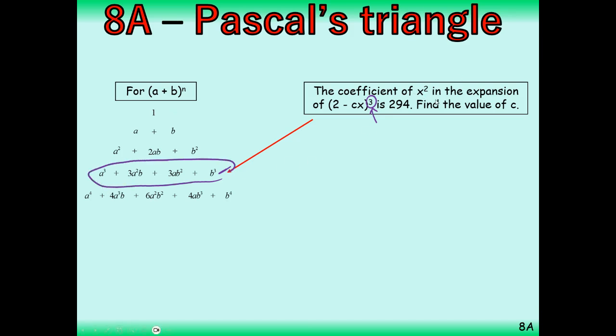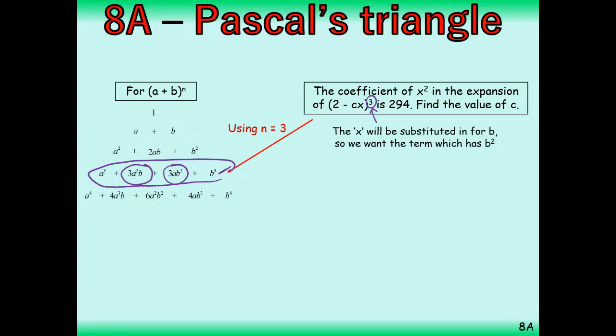Now they told us x is squared, therefore either you can say negative cx is our a here, or negative cx is b here. It doesn't matter which of those terms you take, either one would do. But make sure you raise x together to the power of 2 here.